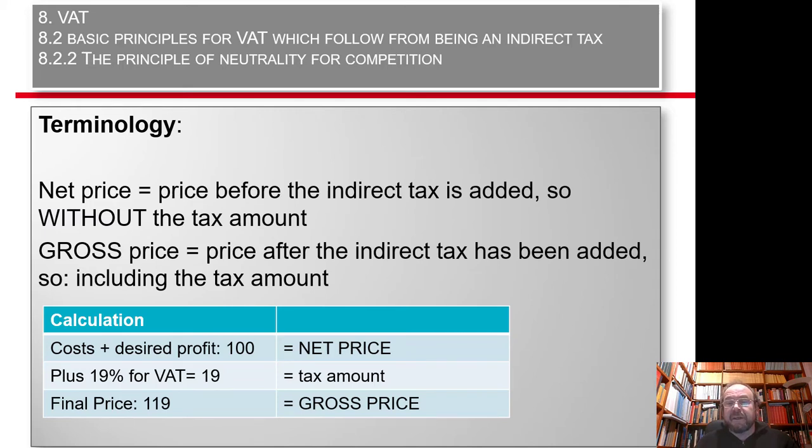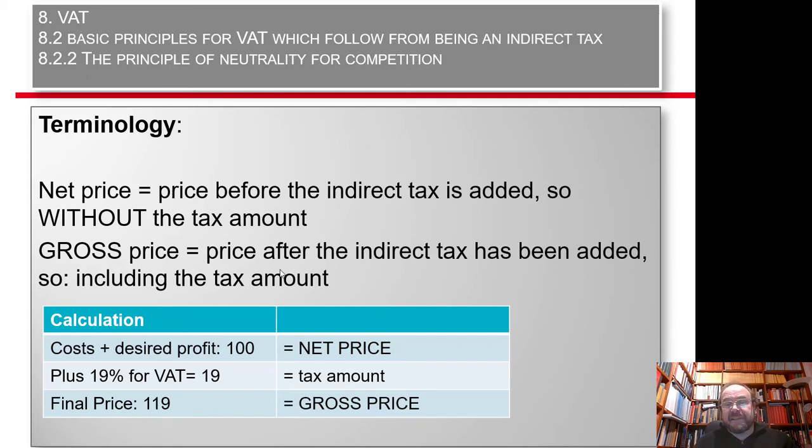That regularly comes out. By the way, naturally, you should be familiar with the basic terminology here. When we talk about a gross price, it's always the price which includes the amount of the indirect tax. And the net price is the price before the tax is added. Here below you see the relationship.